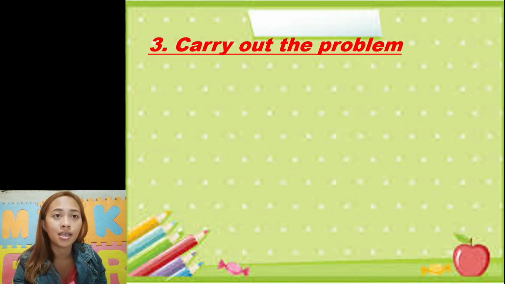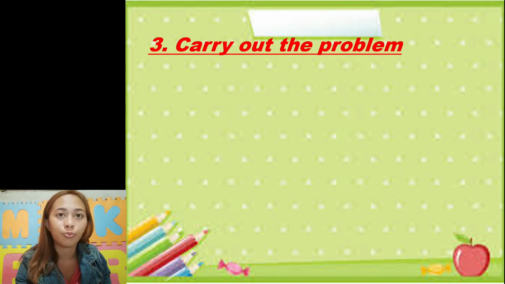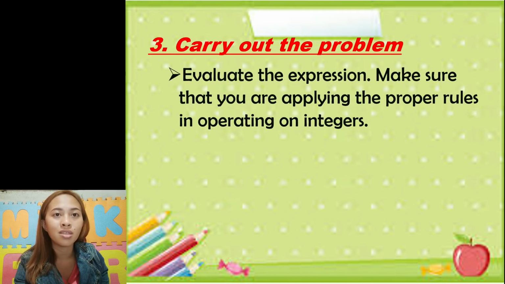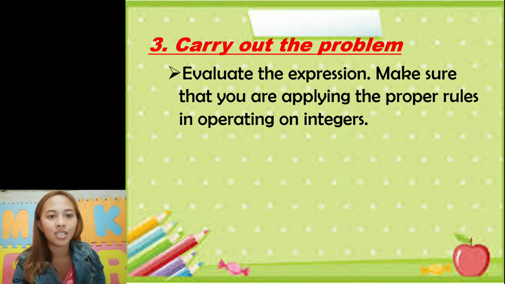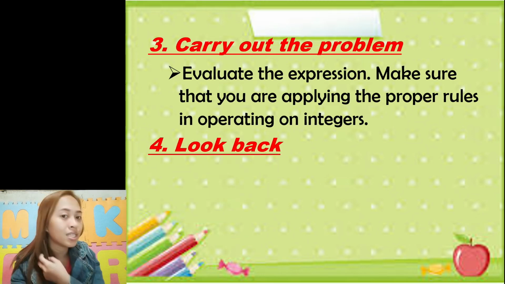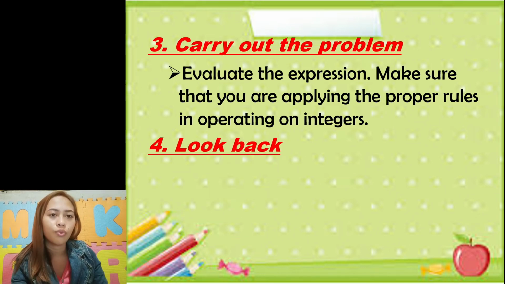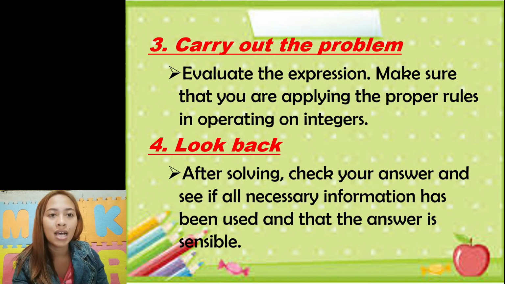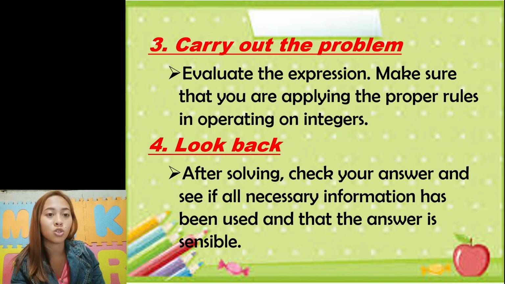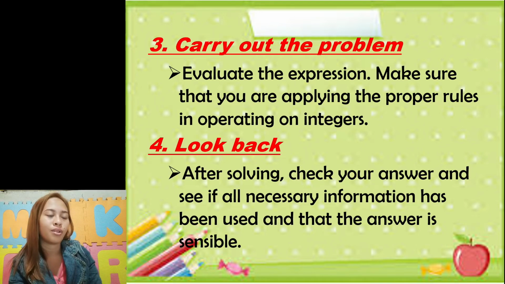For the third step, carry out the plan. Now, evaluate the expression. Make sure that you are applying the proper rules in operating on integers. The last step is look back. After solving, check your answers and see if all necessary information has been used and that the answer is sensible.